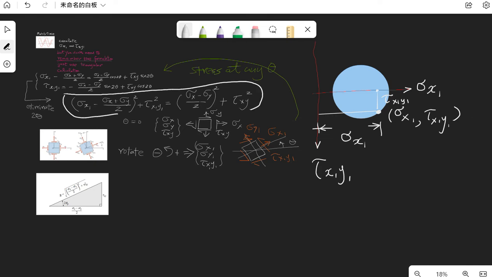When you look into this formulation, it's very easy to find a value, because sigma x plus sigma y divided by 2 looks like average stress.